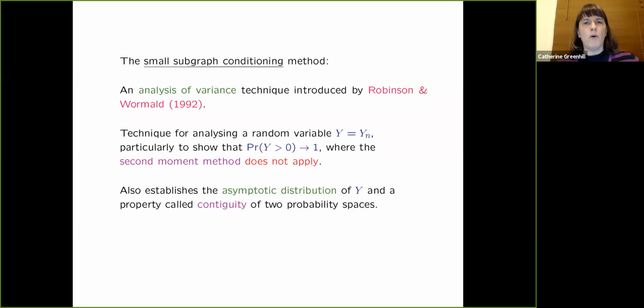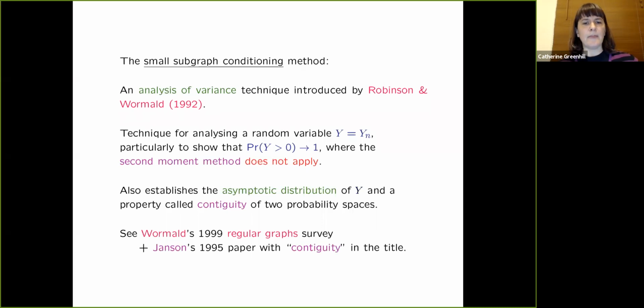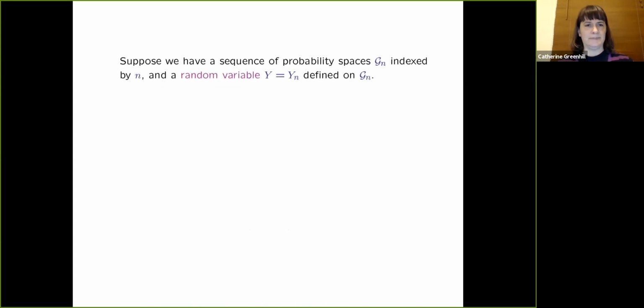You also get more out of this method for free: you get the asymptotic distribution of the random variable and a property called contiguity of 2 probability spaces that I'll tell you about. There are 2 really excellent sources for this method, Nick Wormald's 1999 survey of regular graphs and Janson's 1995 paper, whose title has the word contiguity in it.